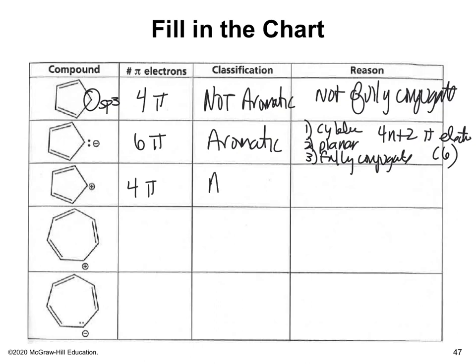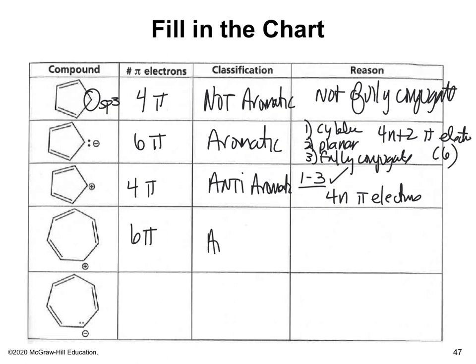This one, we have 4 pi electrons. It is going to be anti-aromatic, and it has criteria 1 through 3 above, but it has 4n pi electrons. This one we have 6 pi electrons. It's going to be aromatic, and it has criteria 1 through 3, and it has 4n plus 2 pi electrons.